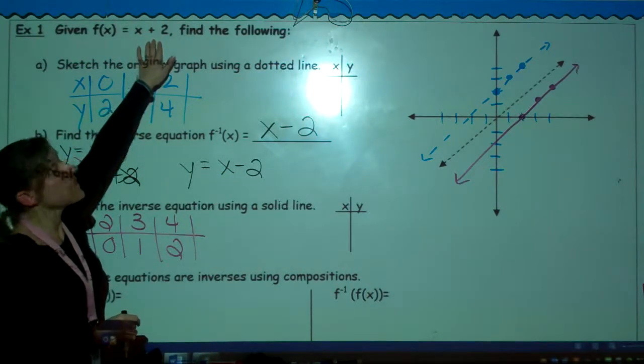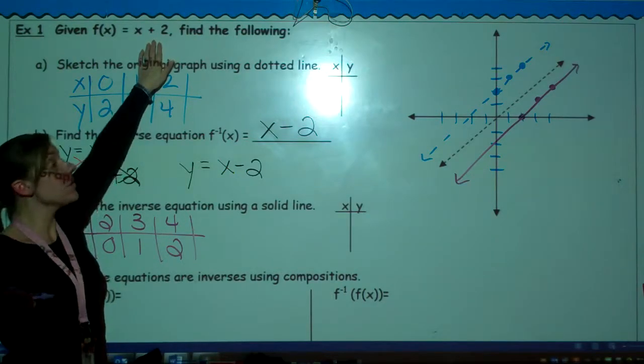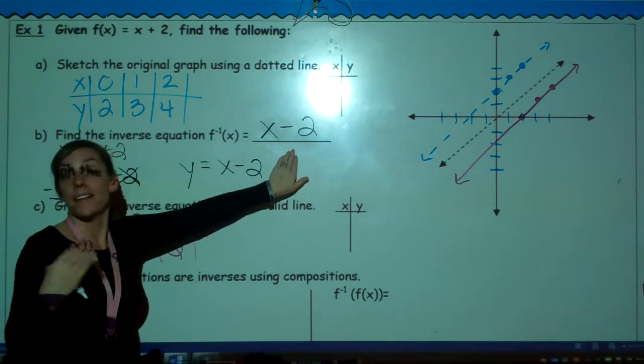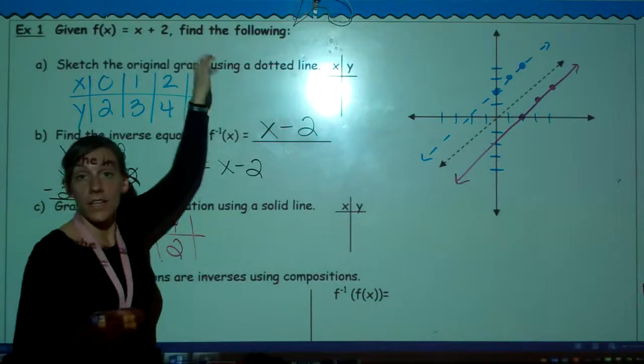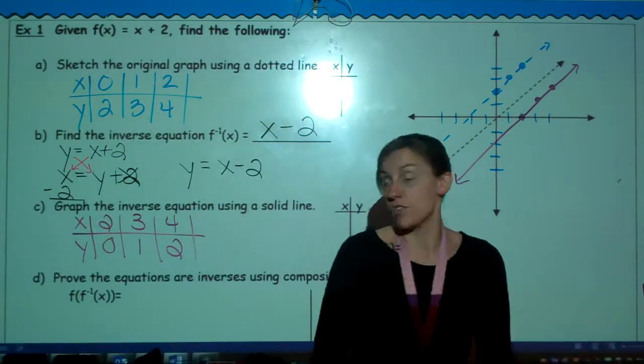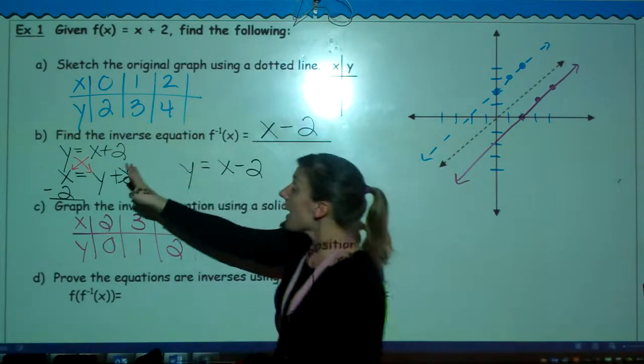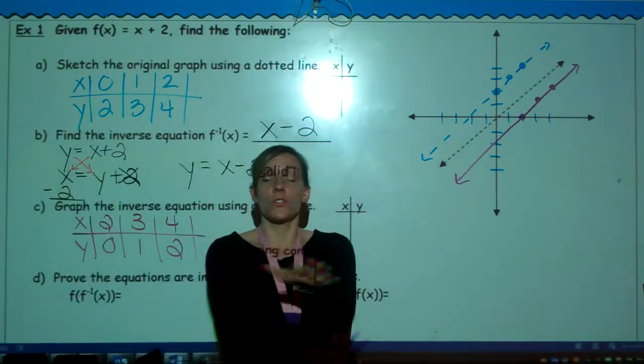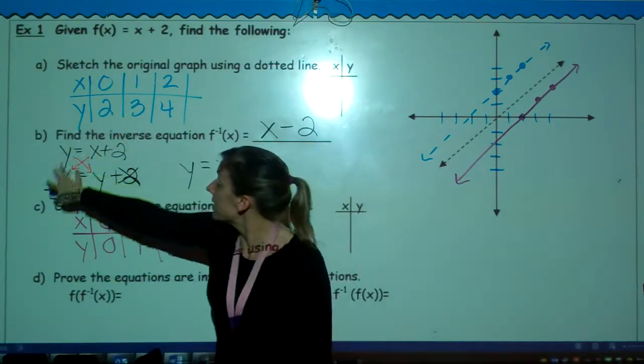So since the original function is plus 2, the inverse function is minus 2. And so there's a direct relationship between what you start with, because you have to undo it in order to do the inverse anyway. So you can write it down, switch them, and solve, like I did right here.